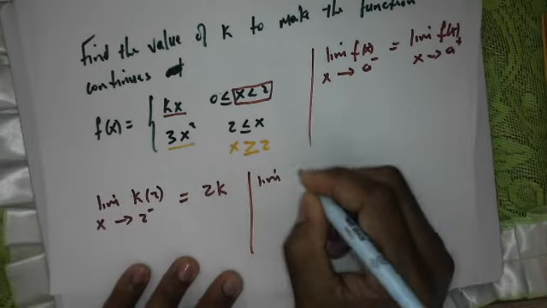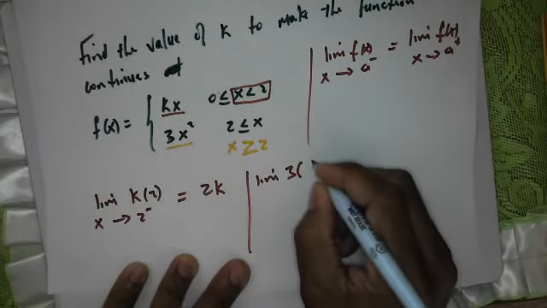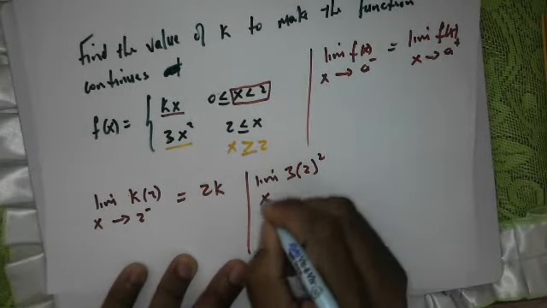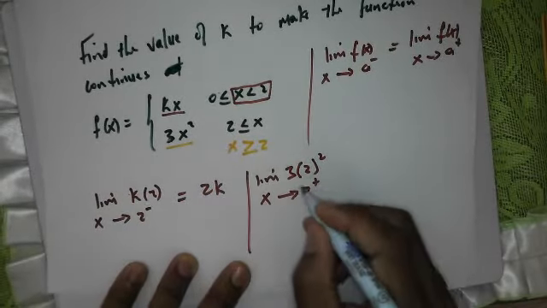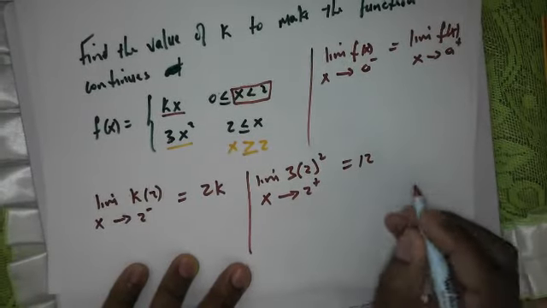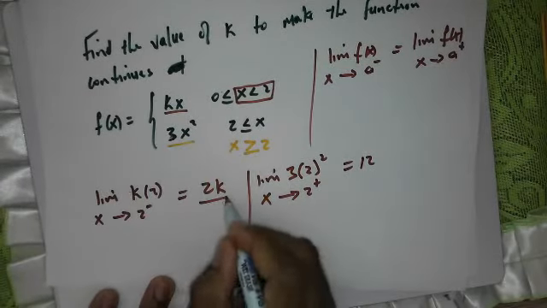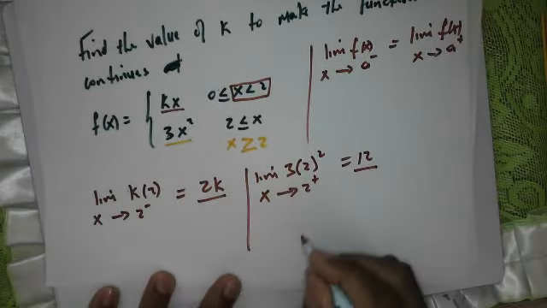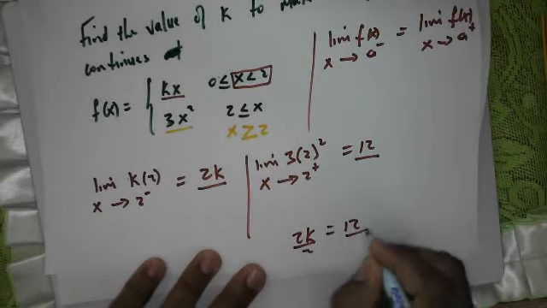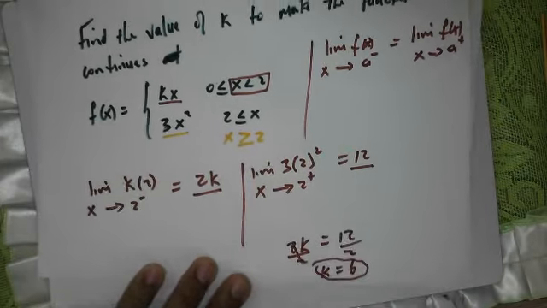So the limit of f of x in this case would be this function, 3 times x squared, but our x is 2, as x approaches 2 from the right. So 2 squared, that is 4, 4 times 3, that is 12. So since it is continuous, this side must equal this side here. So it would be 2k equals 12, and to find k we divide both sides by 2. So k equals 6, and that would be our solution there.